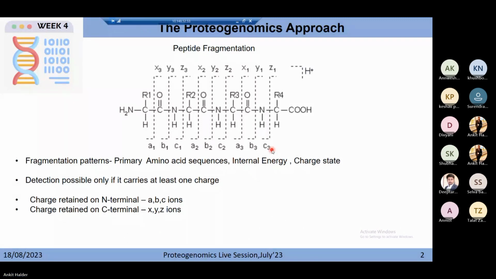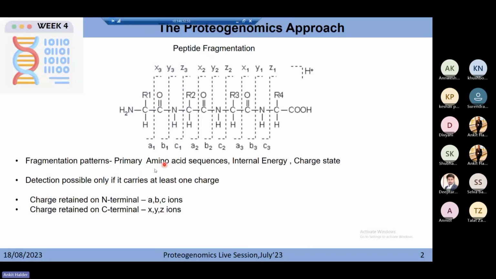So as you see, this is the chain of a peptide with a C terminus and an N terminus. The fragmentation pattern, that is, how the peptide is fragmented, depends upon three factors. The first factor is the primary amino acid sequence. We know that all the amino acids have different side chains, which give different properties and charges to the amino acid, and that makes it unique.